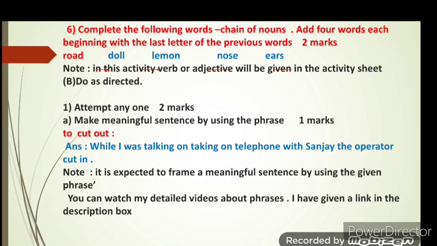Section B. Do as directed, for 2 marks. Students are required to attempt any one activity in section 1, A or B, and section 2, A or B. A. Make a meaningful sentence by using the phrase, for 1 mark.